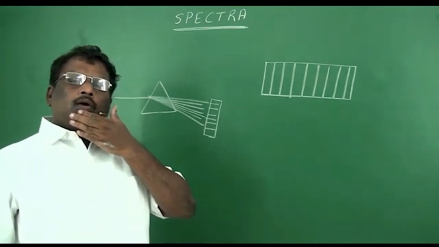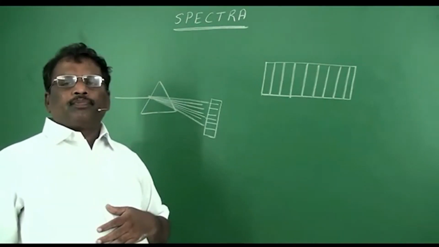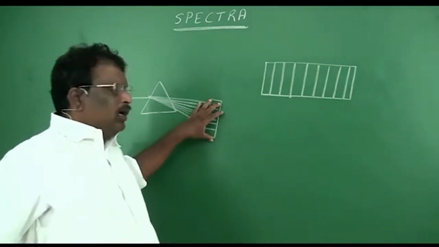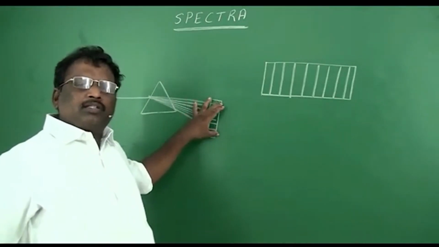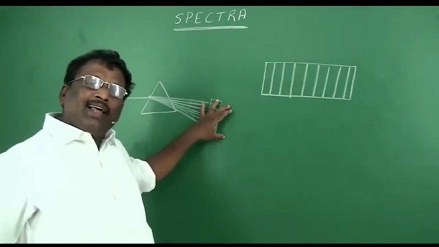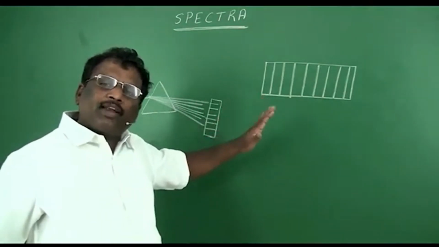Now, let us see how these spectra are recorded. When light is dispersed, and that dispersed light is recorded on a photographic plate, the image thus obtained is said to be spectra.